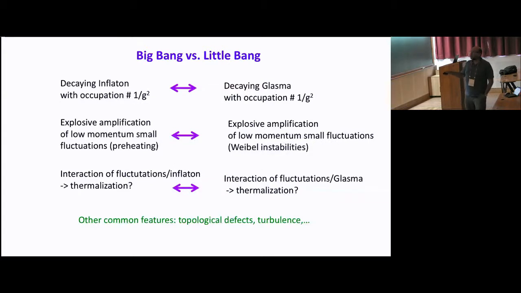I will talk about both of these things in my talk: turbulence, and the topological objects that you produce in the plasma. These are both possibly very interesting and important things, and one may perhaps even learn about them in experiment.